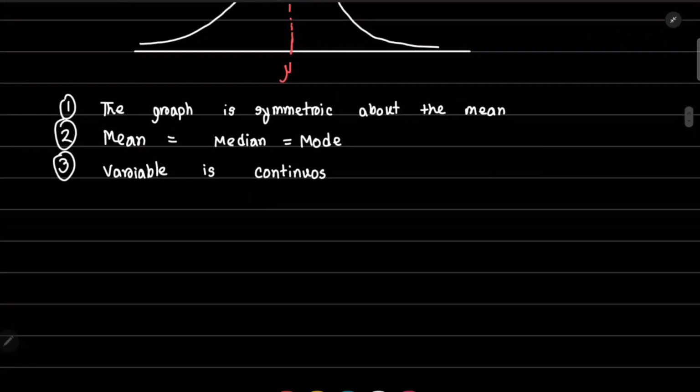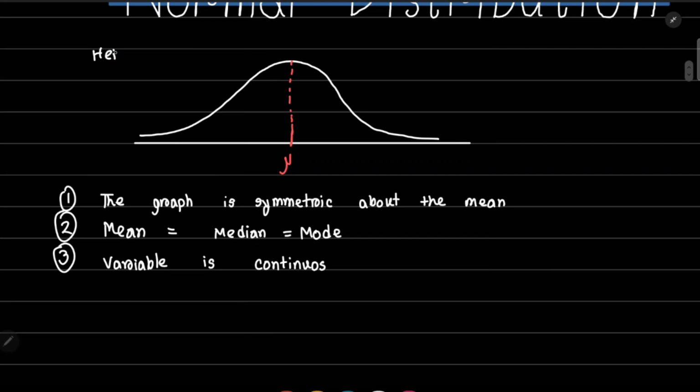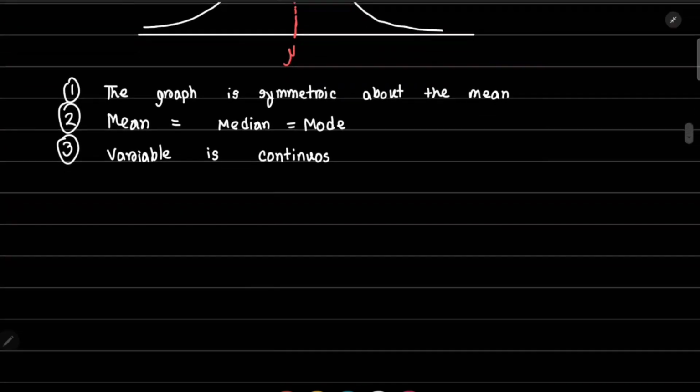So a better example would be height or weight of everyone. That will be a normal distribution. If I take the height or weight of the entire Earth's population, it will be a normal distribution. Height and weight are continuous variables.